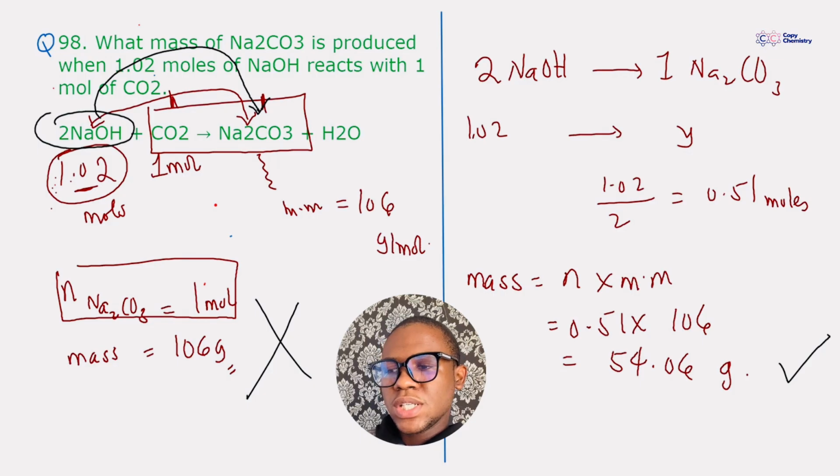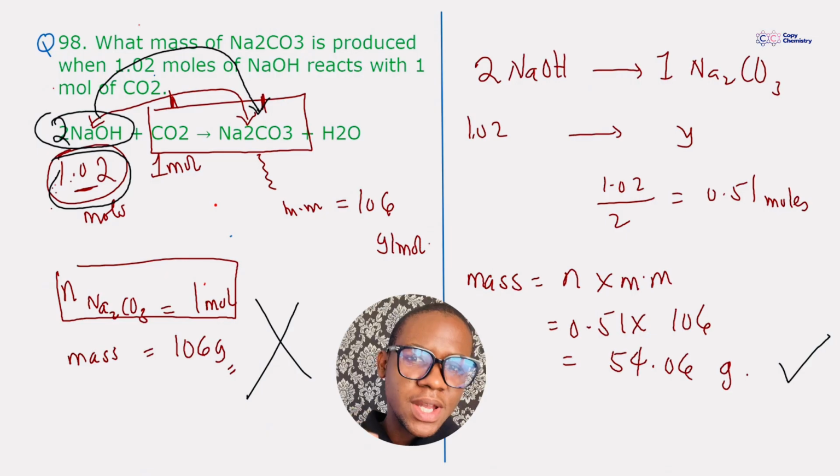Now, judging by the moles here, 1.02 and 1, the 1 mole is smaller. But we don't just judge by the moles like that. We get the limiting reagent after we have divided these moles by this number here, so you know the rate at which that species is reducing. That's why we're doing that division.